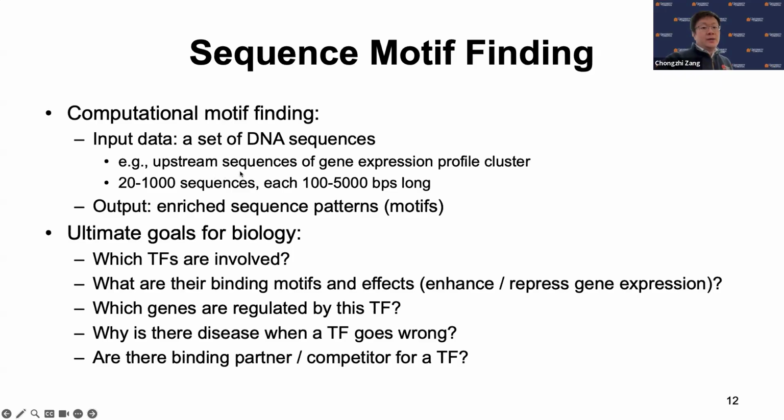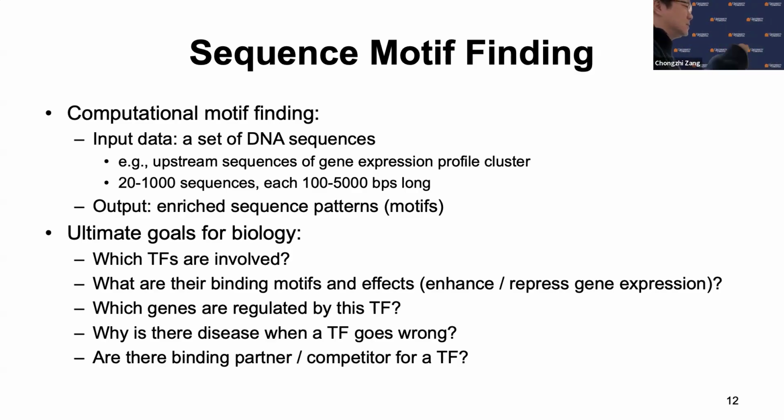Or if we know the differential expression of certain genes, if we perturb the transcription factor activity, then we assume that the binding sites will change and hence change the expression of their target genes.